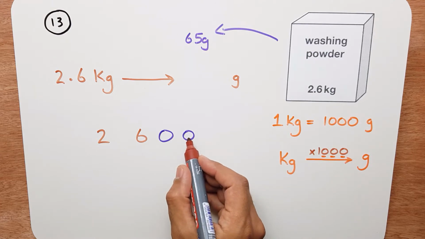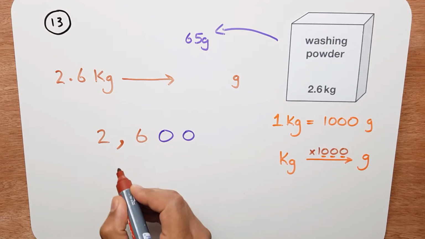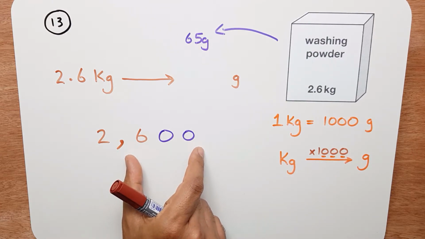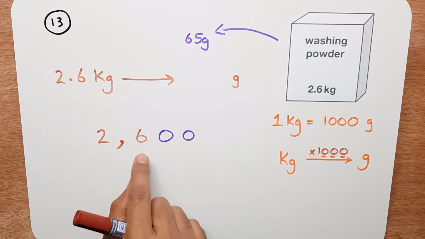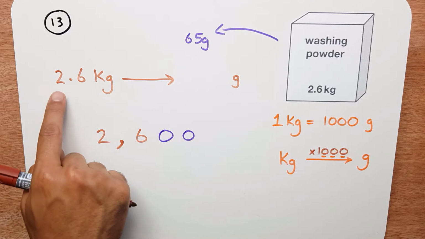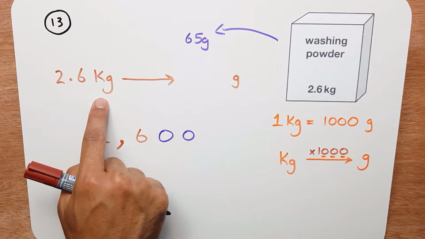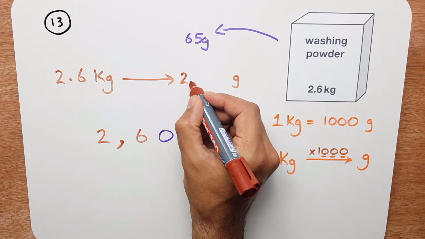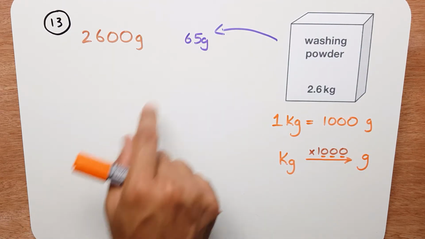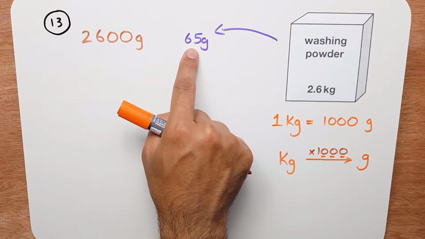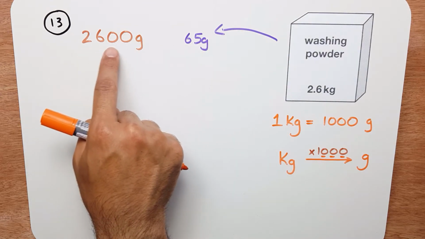So as before, 1, 2, 3, comma. So this is your thousands, so it's 2,600. So now we know 2.6 kilograms is 2,600 grams.